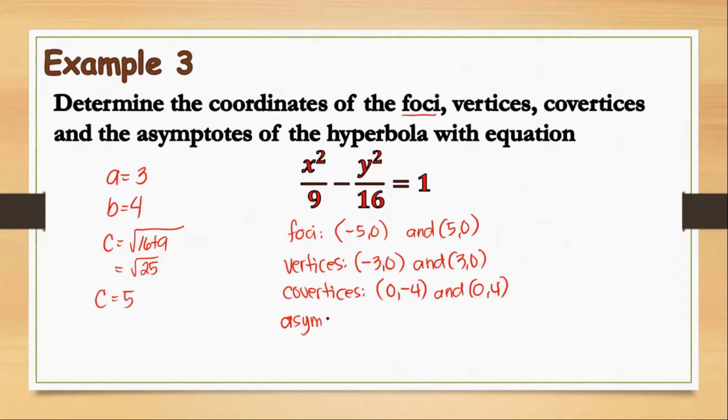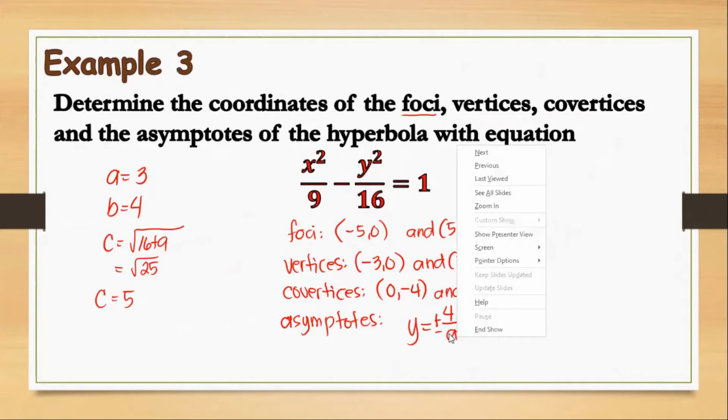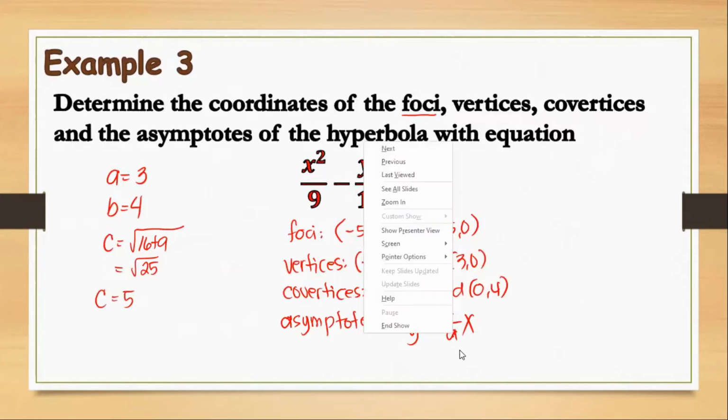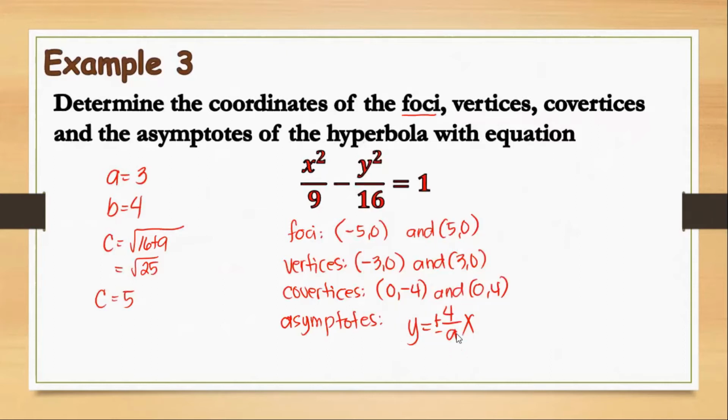Our asymptotes have the equation y equals positive negative b over a x. Our a here is 3, and our b is 4. So we have y equals positive negative 4/3 x.